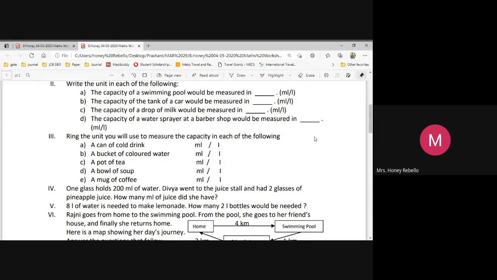A can can be big also, where you can carry oil. But what you buy from the shop is a small tin can. A can of cold drink can be milliliter.